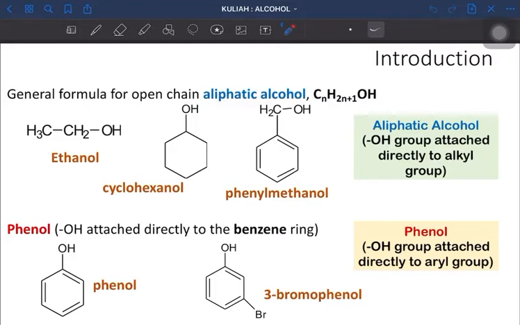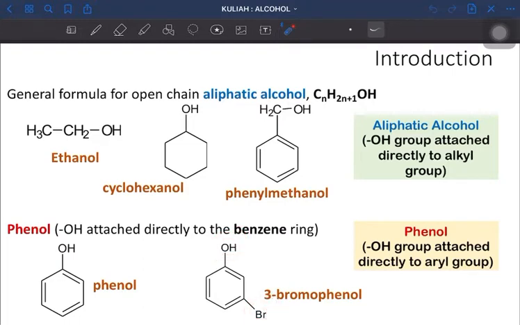So we have the aromatic alcohol, which we call phenol. Phenol is where the hydroxyl group OH is attached directly to the benzene ring. So we have this OH attached directly to this aryl compound, which is benzene. So this is phenol. Alright, and this we have this OH and bromine.